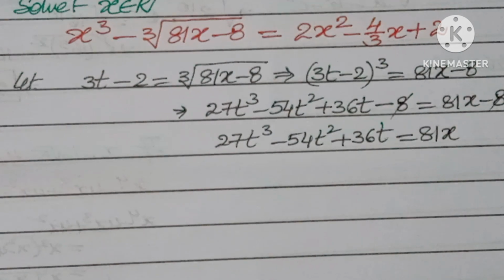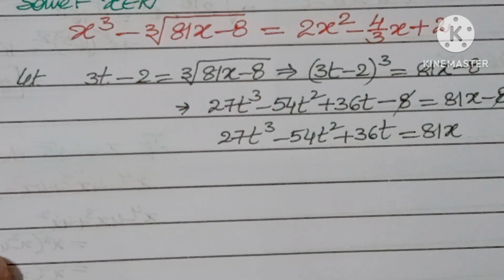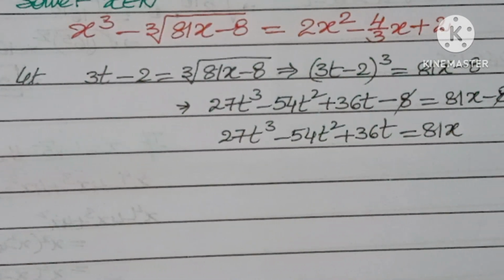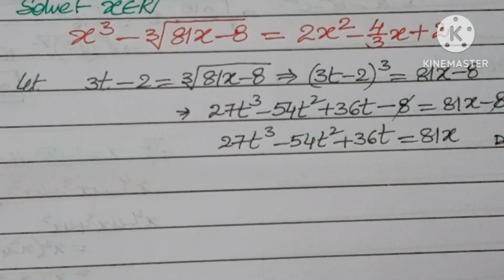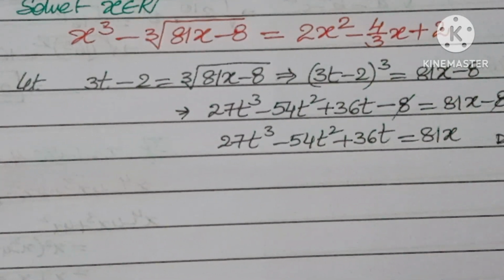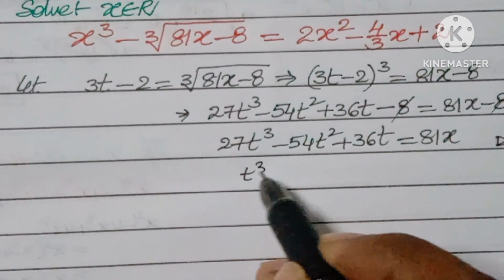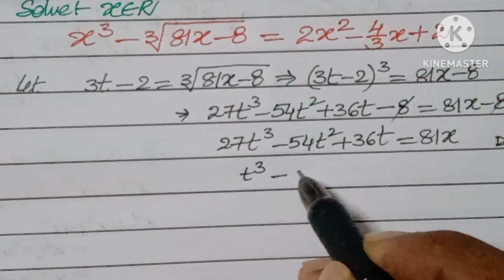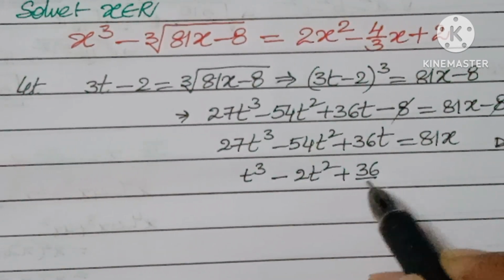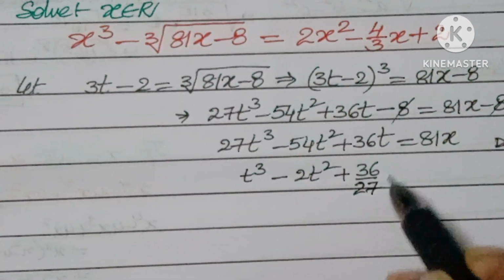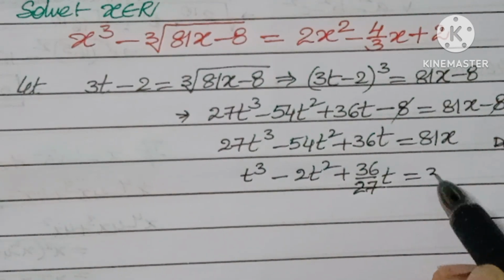Now all the terms are in the 27 table, so dividing by 27, we get t cube minus 2t square plus 36 by 27t is equal to 3x.